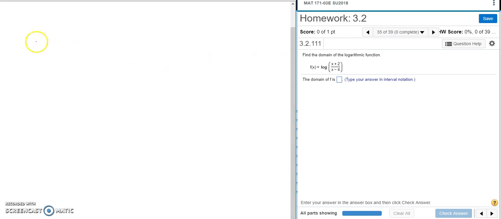So the way I approach this is I take whatever is inside the function. Oops, that's supposed to be minus 4. And I say it has to be greater than 0. Now this one I picked because it's kind of a weird case, because it's this fraction.